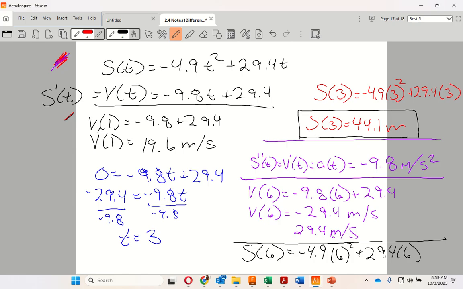It would be double, because what do we know about the distance after that? It's going back down. So that's going to be my total distance. The only reason why we get 0 is because we are counting the distance down as negative. So it's positive, and it's going to be 88.2.